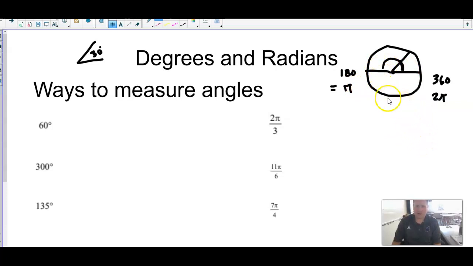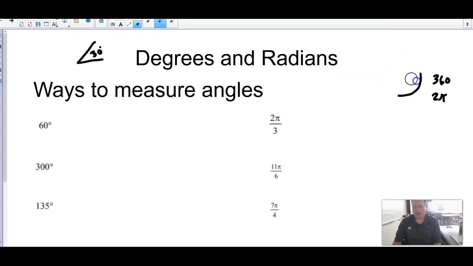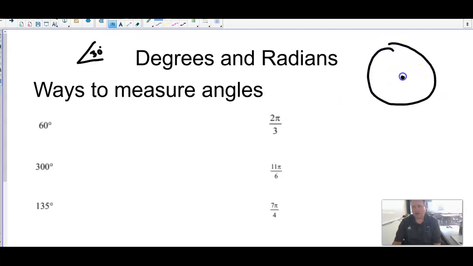What a radian is, if you look at that a little bit closer, instead of saying 180 is the same thing as pi radians, we take away all the units, and all we say is 1 radian. Again, if I took a radius, we'll just call that r length.